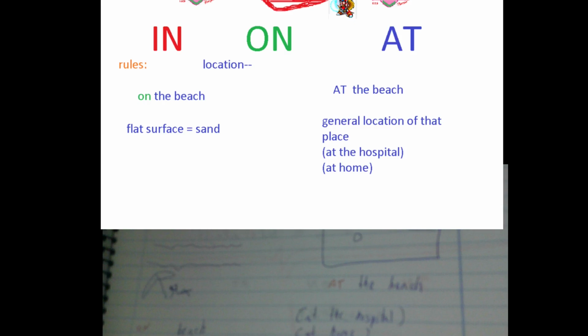Is that beach place? But if you say I'm on the beach, then we are specifically talking about the flat surface, the sand, and you are definitely on the sand if you say I am on the beach.